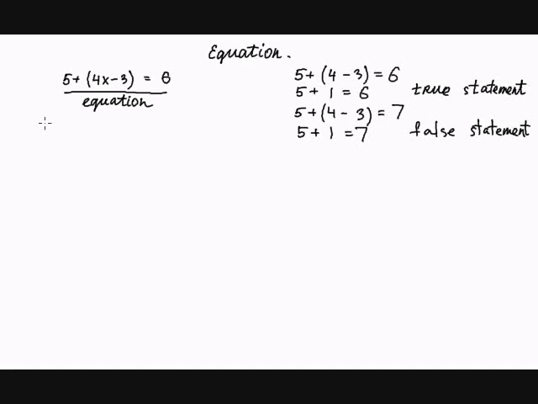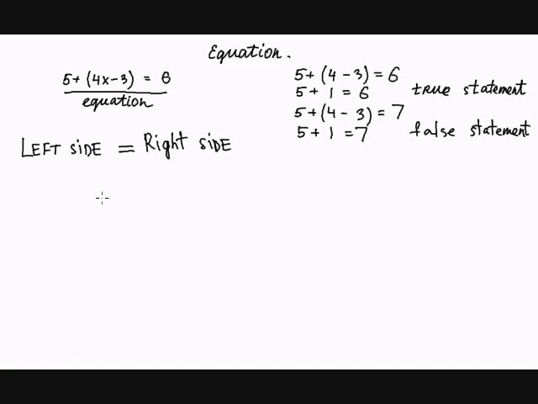So remember, the main difference between the equation and the expression is that an equation has an equal sign. Whatever is on the left side of the equation is called the left side of the equation, and whatever is on the right side is called the right side of the equation.